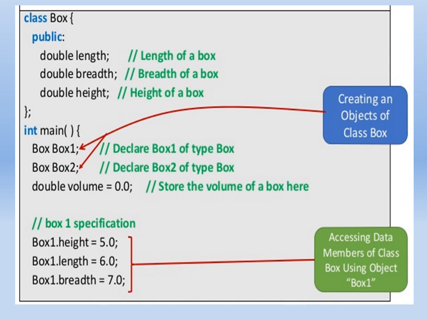Now see here, box1 is the creation of an object of the class Box, and box1.height, box1.length, box1.breadth is accessing data members of class Box using object box1. So this is the way to access the data members by using the object. Here we see how we create the object, and through that object how we access the data members.